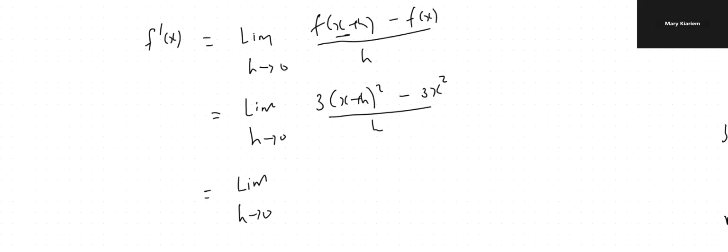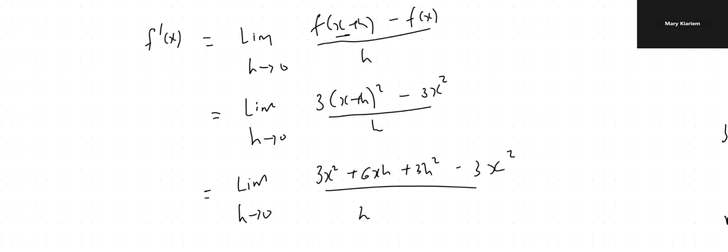If we expand this part, we'll have 3x squared plus 6xh plus 3h squared minus 3x squared. And all that should be divided by h. So we can see terms that will collapse to 0, 3x squared minus 3x squared.